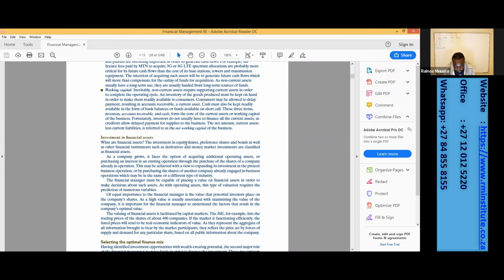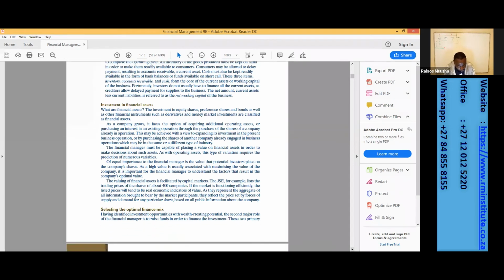These investments in equity shares, preference shares, or bonds, as well as other financial instruments such as derivatives and money market investments, are classified as financial assets. So which means that these are the investing activities of the entity which are not to do with the core operations of the enterprise as well.